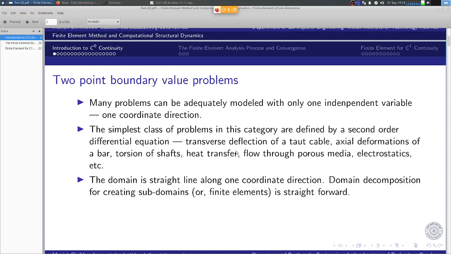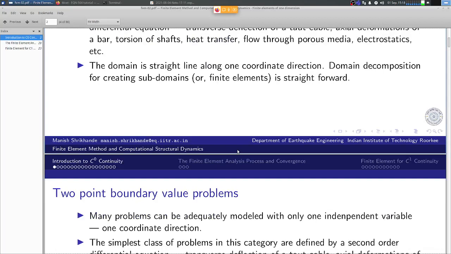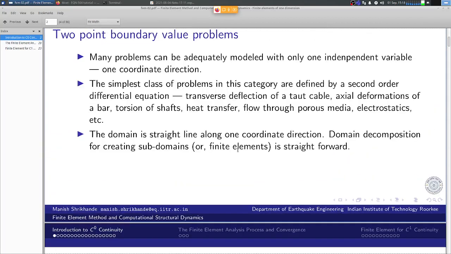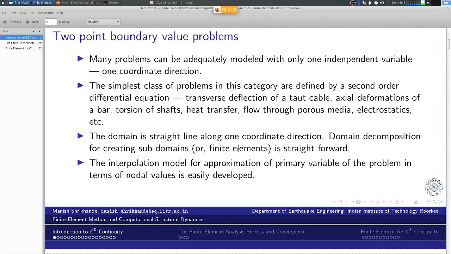So domain is a straight line along one coordinate direction, and domain decomposition for creating subdomains is quite straightforward. The finite elements, subdomains of the finite elements, are quite straightforward. You just divide the length into several smaller segments. And therefore, the interpolation model for approximation of primary variable of the problem in terms of nodal values is easily developed because there is only one independent variable.